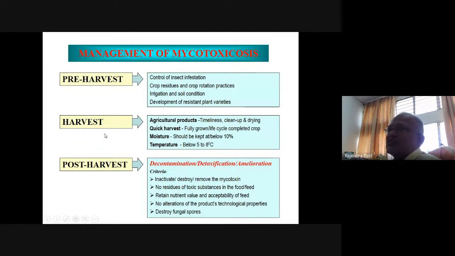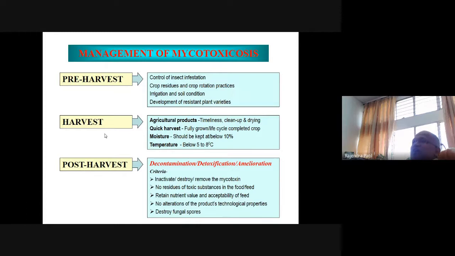Then harvest technologies include handling agriculture products with timeliness, cleanup and drying of the crop. Then quick harvest: whenever the cycle is completed and the fully grown crop is there, we have to go for the harvest, because more humidity and more moisture favor the growth of the fungi.